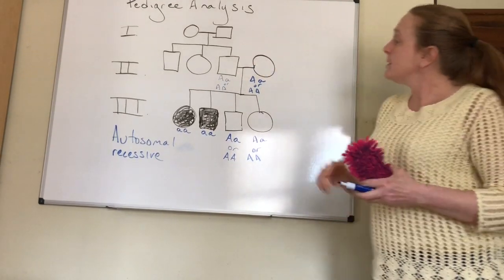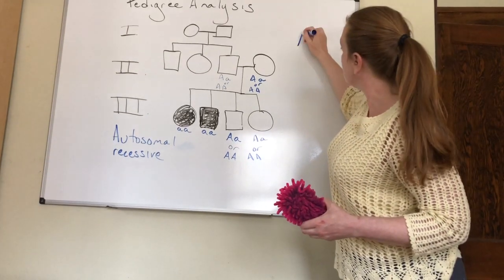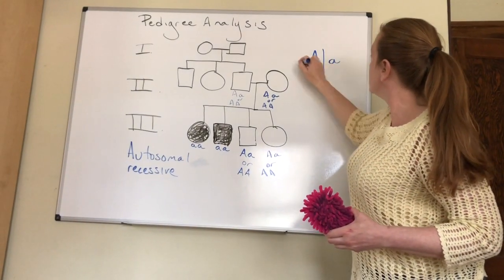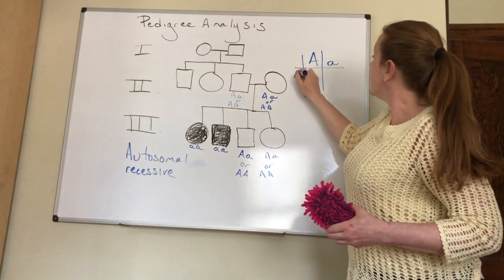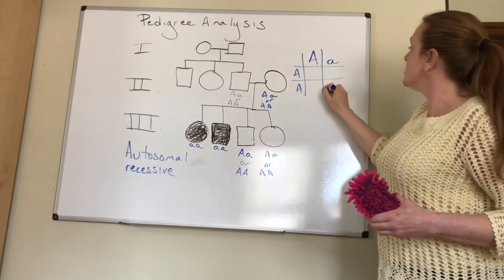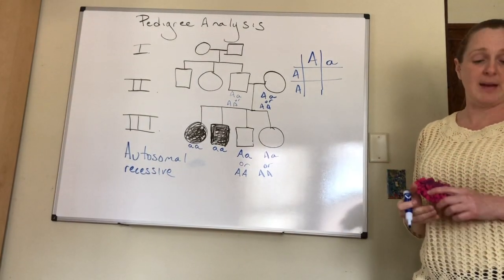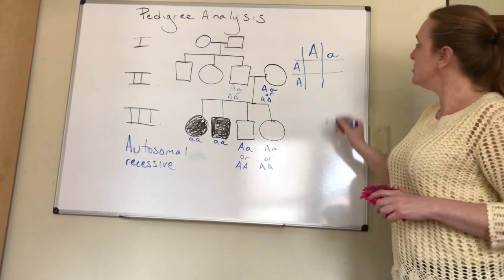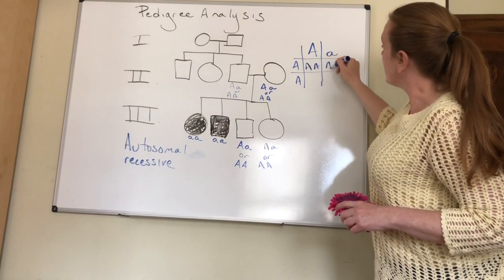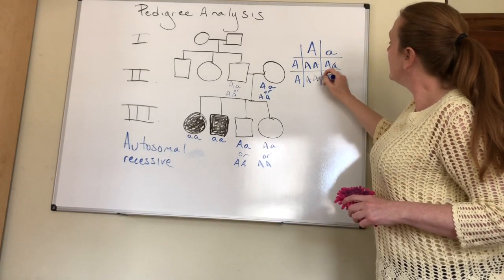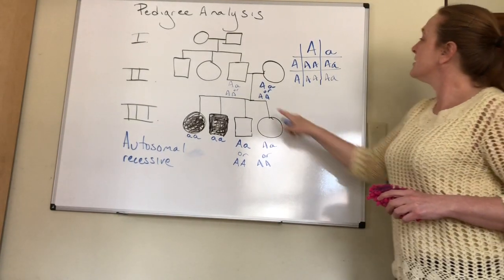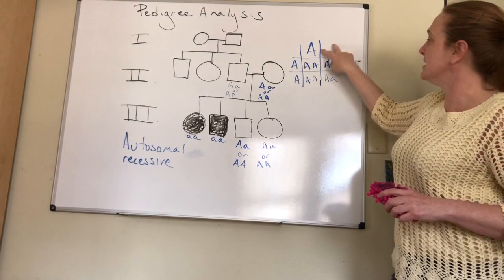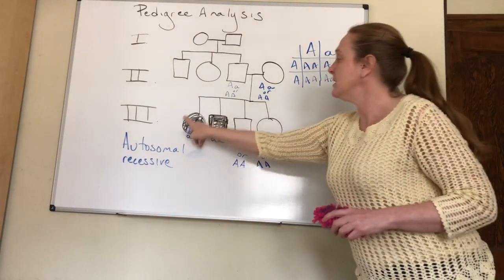Well, what if just one parent had the recessive gene, had that heterozygous genotype, and the other parent had a homozygous dominant genotype? Could they have made offspring with the homozygous recessive genotype? So doing a quick Punnett square, we see again, there's no way that these two parents could have made these offspring.